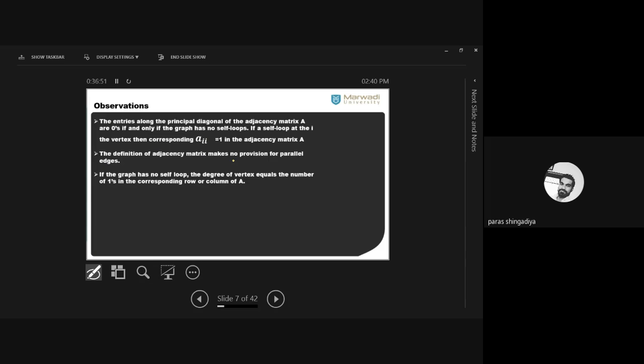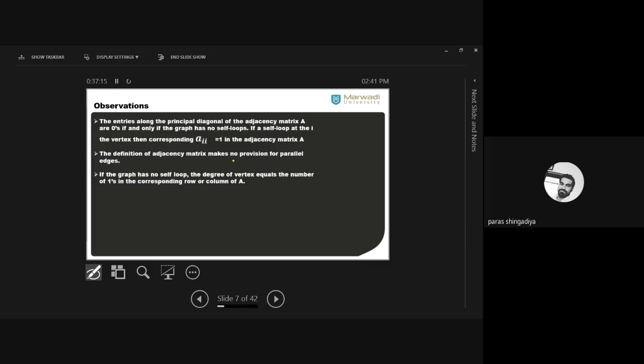Third one, that condition we can use for verification of the matrix. Which condition? If the graph does not contain any self loop, then you can check that the degree of a vertex equals the number of ones appearing in the given row as well as column. The degree of the vertex equals the number of ones in the corresponding row and column.